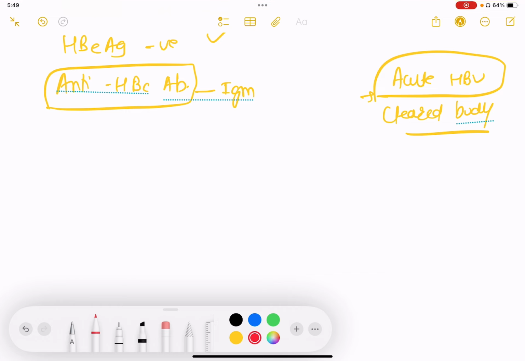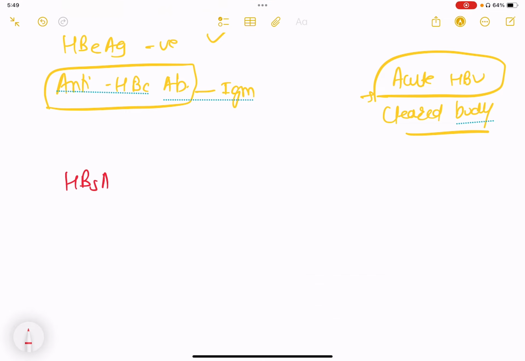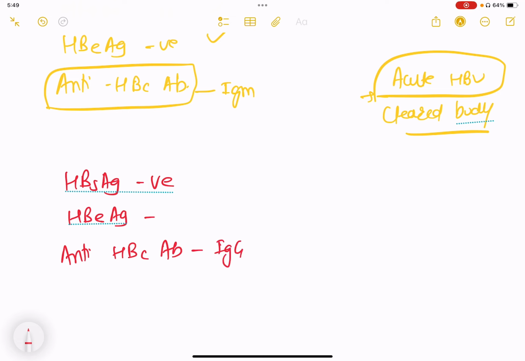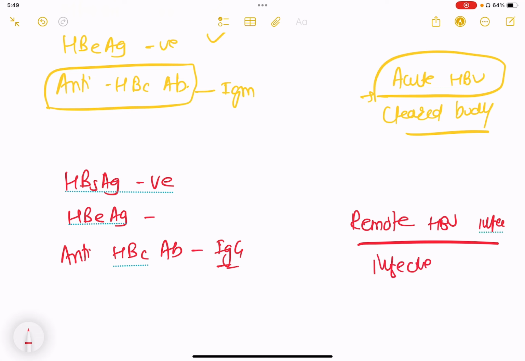The second thing is, when the patient does not have hepatitis B surface antigen, hepatitis B E antigen is also not there, but core antibody is present, and this time it is IgG. It means that the patient had infection in a remote state, maybe 10 years back, 20 years back, and the patient is not at all infective, or the patient is protected.